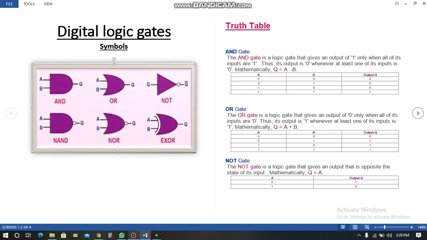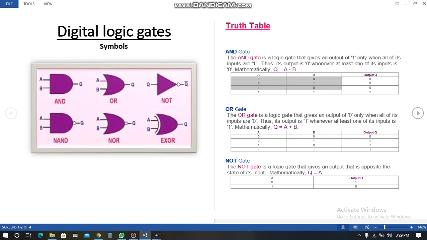So the truth table of the AND gate: whenever both the inputs to the gate are 1 or high, we will get a high output. All the other cases will be a low output.